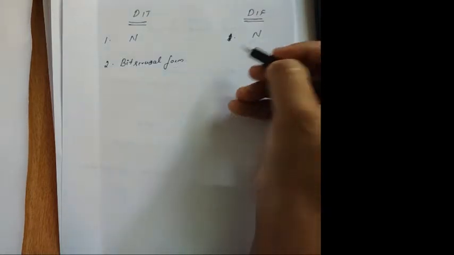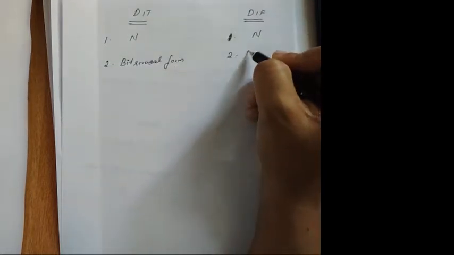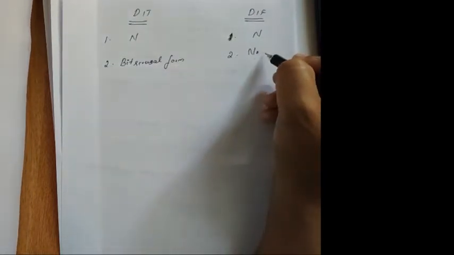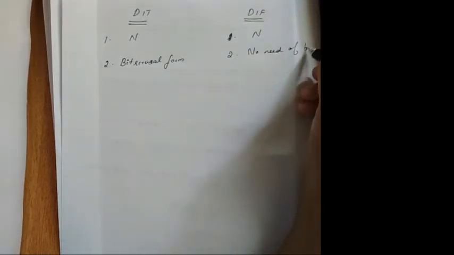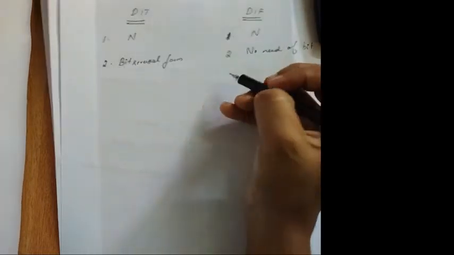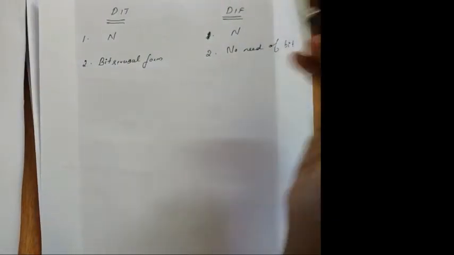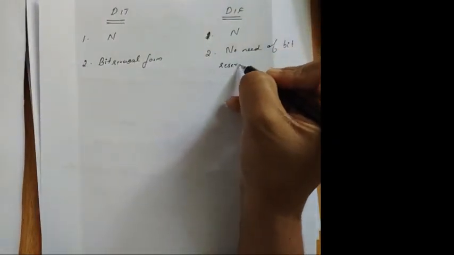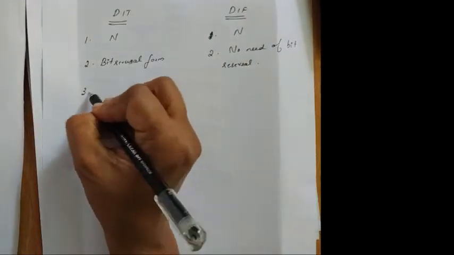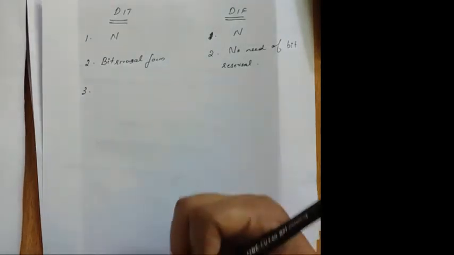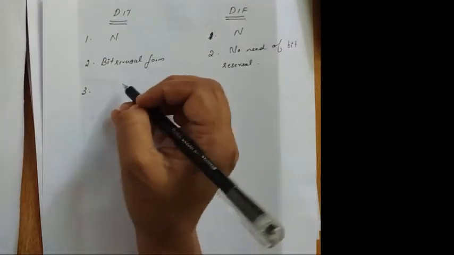Here in decimation in frequency, there is no need of bit reversal in the initial stage. What is bit reversal? We will see later what you mean by bit reversal.